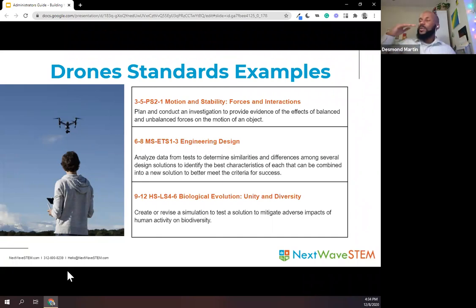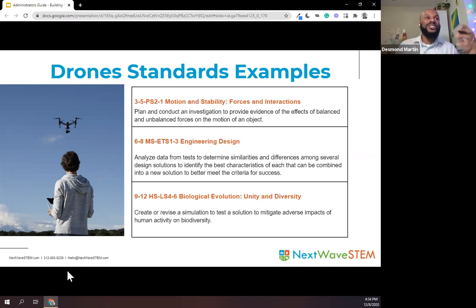If we take that step up taxonomically to the middle school level, where we are seeing different design solutions being analyzed and compared and even combined to solve problems, students will work together as they integrate computer science to control that drone and fly that drone.